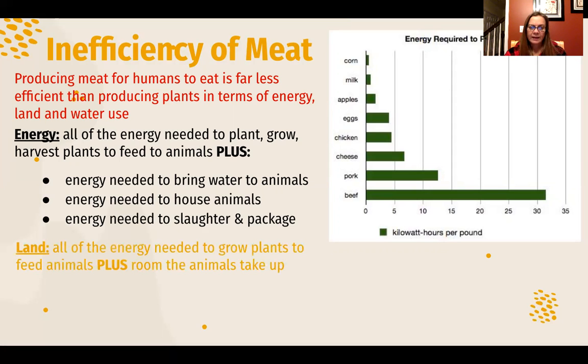And of course, land. When we produce meat for humans, we use lots more land than if we were to simply grow plants. So when we talk about land, we're talking about the land that is used to grow plants to feed the animals, plus the room that the animals themselves take up. So if we're doing rotational grazing or free range grazing, then the land that they occupy and the land to raise their food is the same.